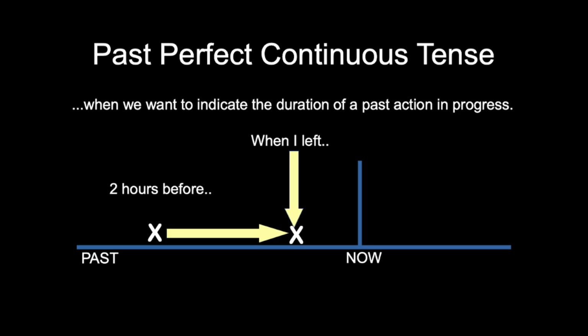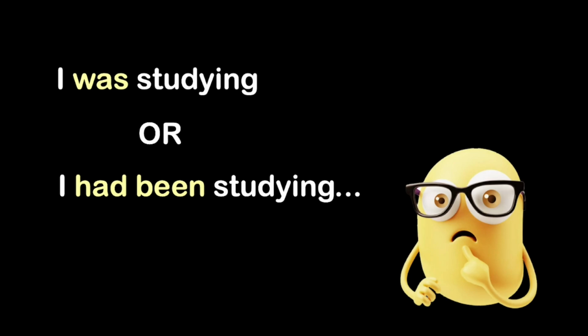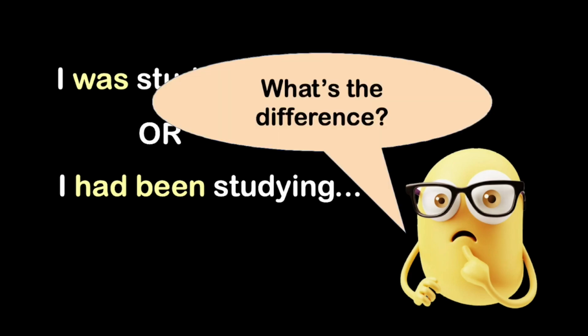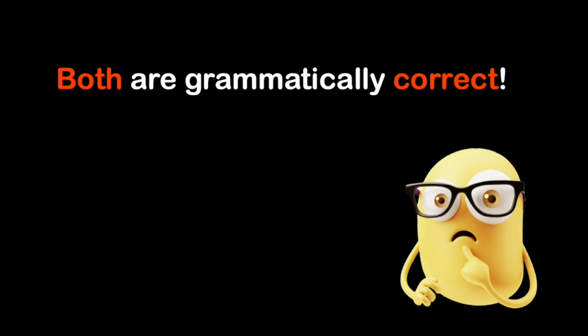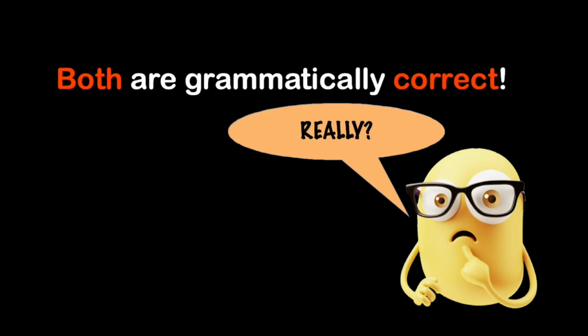Now it's time for the moment that you've all been waiting for. Drum roll, please. I was studying, or I had been studying. What is the difference? The answer is both phrases are grammatically correct. Yes.